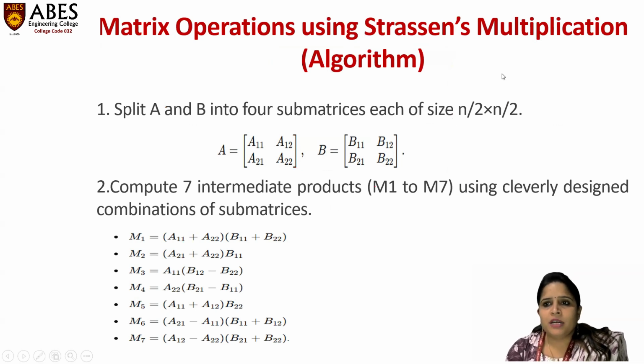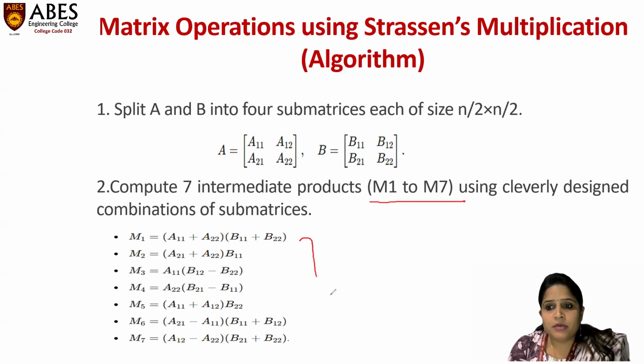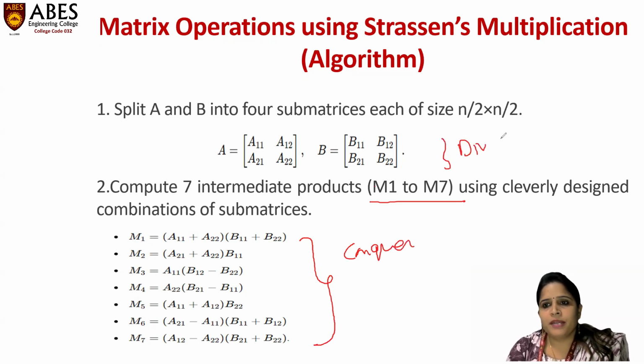After that, in the conquer step number 2, Strassen uses 7 intermediate products M1 to M7. That is the recursive approach, that is the conquer approach, right? Recursively find the solution of the 7 intermediate products, and this one is the divide step, right?